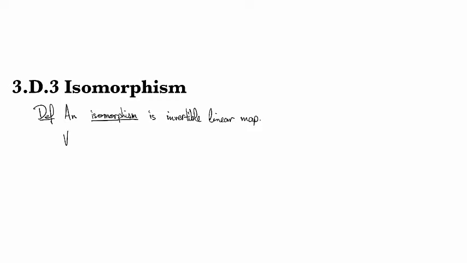We say that an isomorphism is an invertible linear map. And then we say that vector spaces V and W are isomorphic, meaning, so iso here means same or equal, and then morph means shape. So they have the same shape, they're isomorphic if there exists an isomorphism between them.